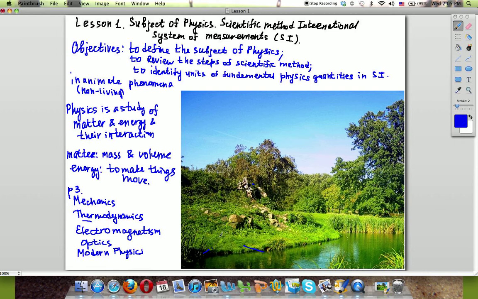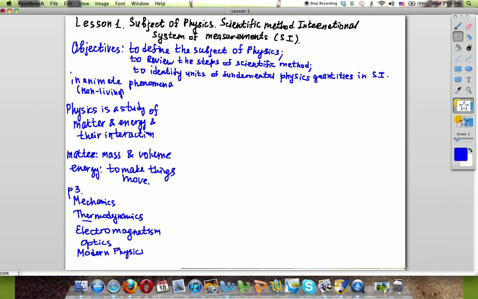So the scientific method is a series of steps that we take to solve problems. The first step of the scientific method is the same one as we did today: observation. The result of observation is always a question.